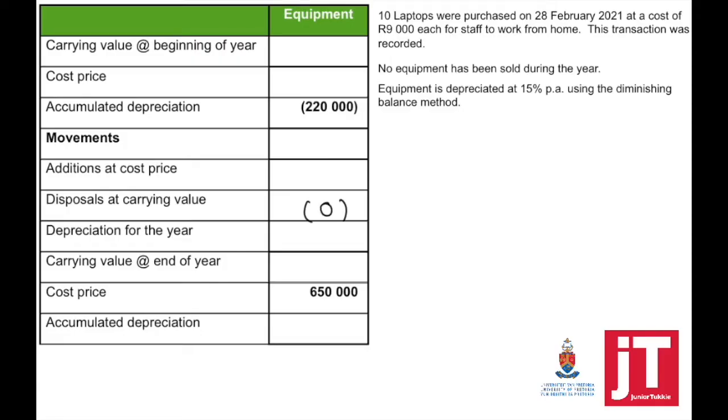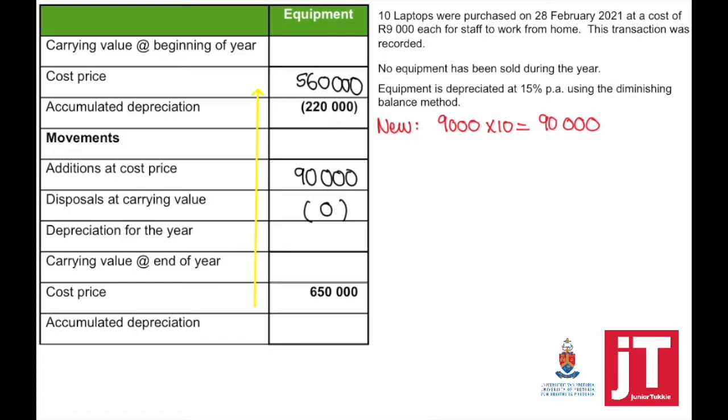So where do we start? Disposals, there were no disposals, so we're going to say 0. If we look at the additions, 9,000 times 10, we purchased 10 laptops at a cost of 9,000, means the total additions was 90,000.